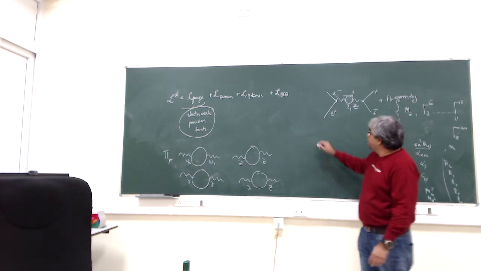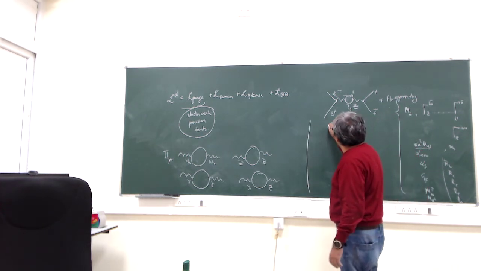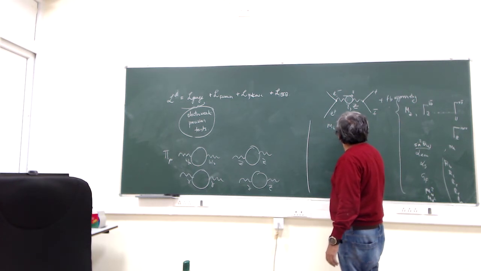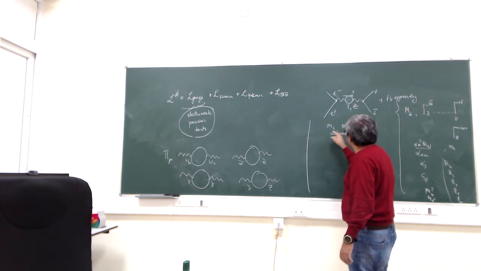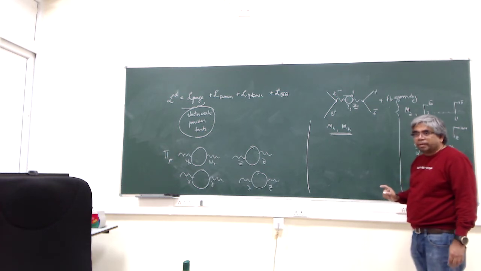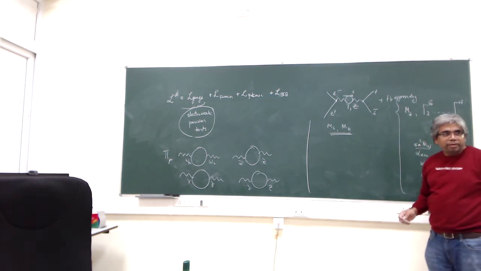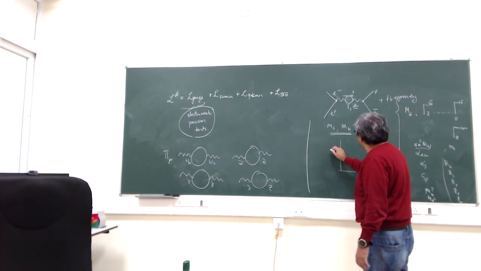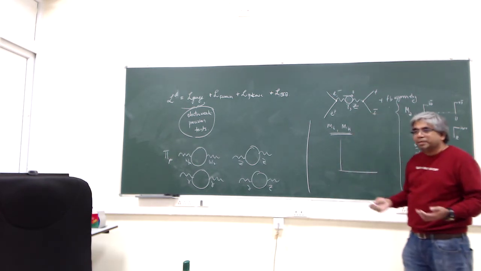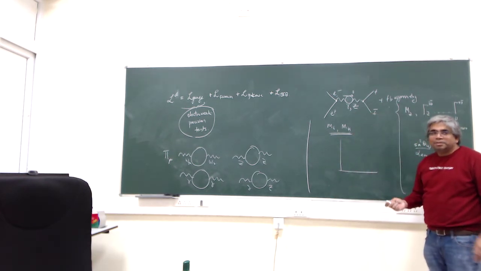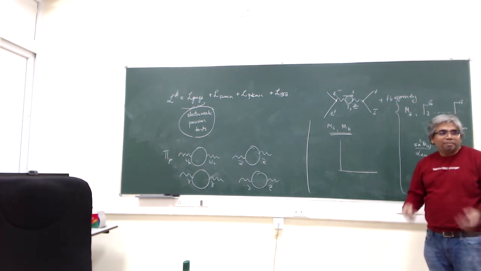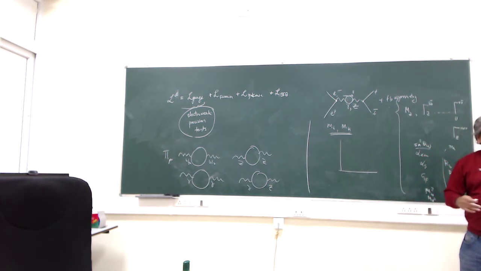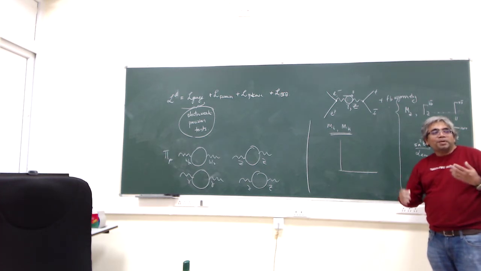If you want, you can find it as a puzzle. If you take MH and MT as free parameters and do a chi-square fit, typically it is done in the MH-MT plane. I'm not showing it because the Higgs has been discovered. There is something called the famous blue plot, where the blue was the region which was excluded.